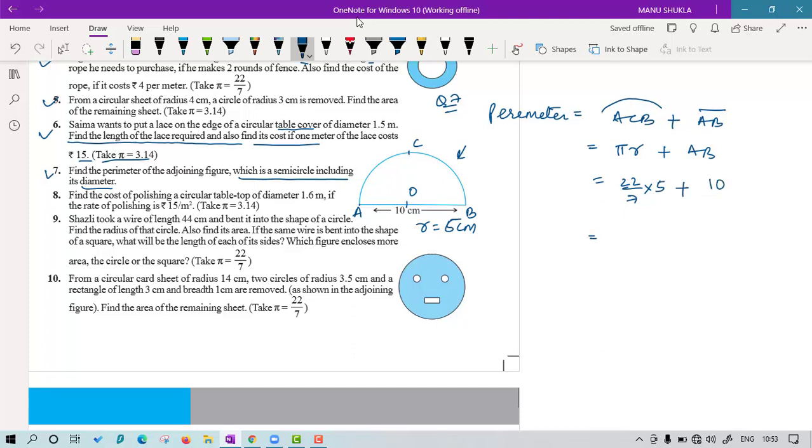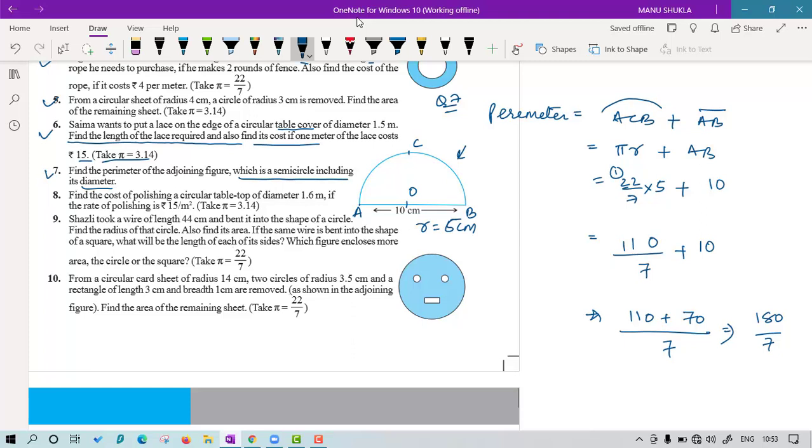So we have to follow the BODMAS rule. First we have to multiply. So it becomes 5 2s are 10, plus 1, 110 upon 7 plus 10. Again taking LCM, we will get 110 plus 70 and the answer is 180 upon 7. What is the unit?